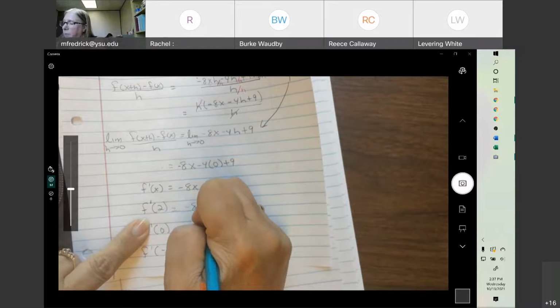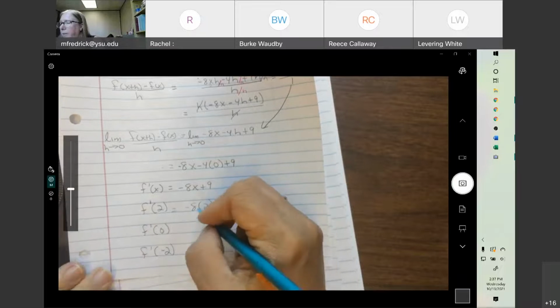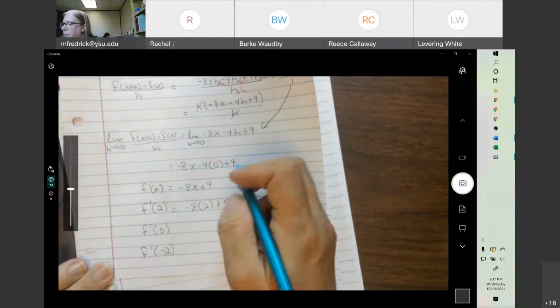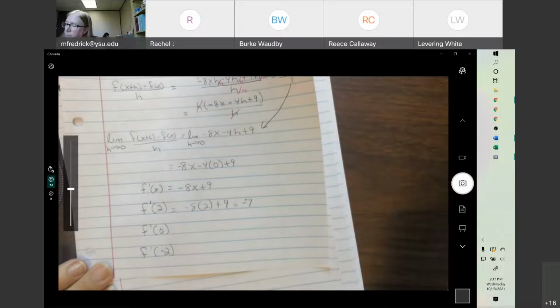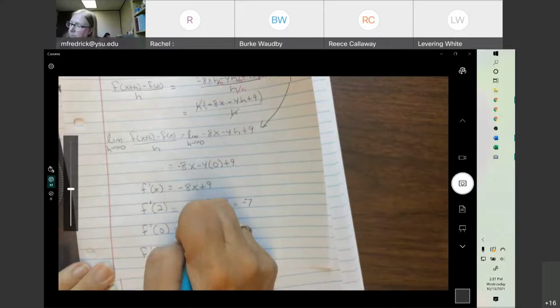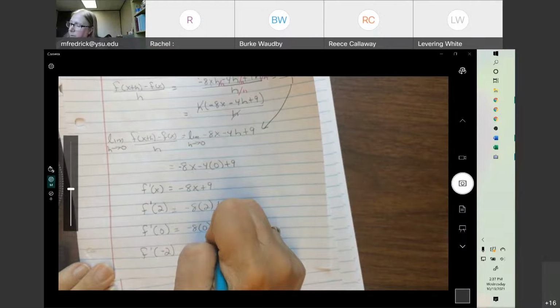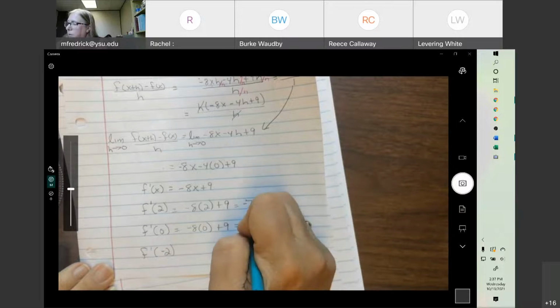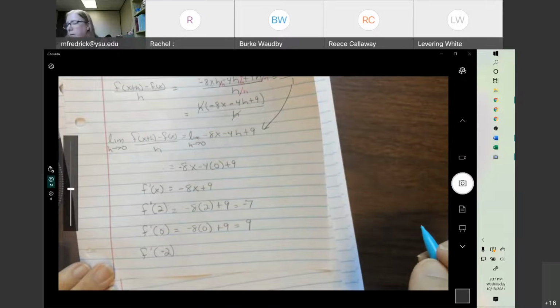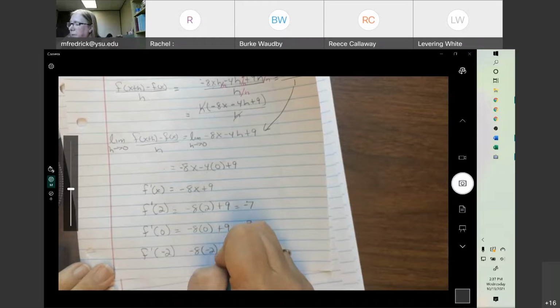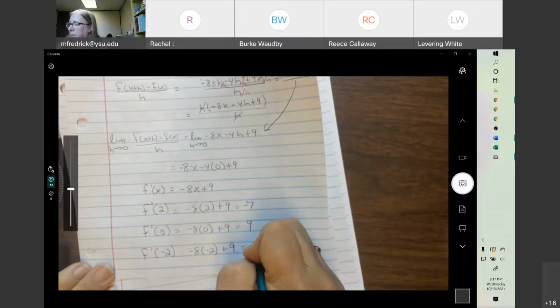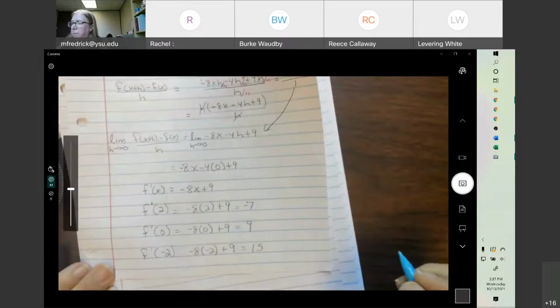Negative 8 times 2 plus 9, negative 16, plus 9, negative 7. Plugging in 0, negative 8 times 0 plus 9 is just 9. Negative 8 times a negative 2 is 16, plus 9 is 25.